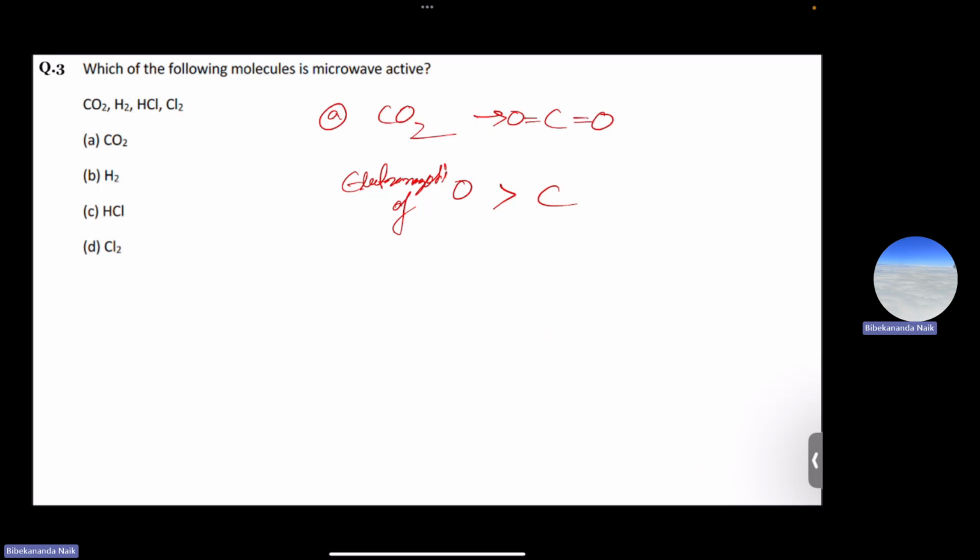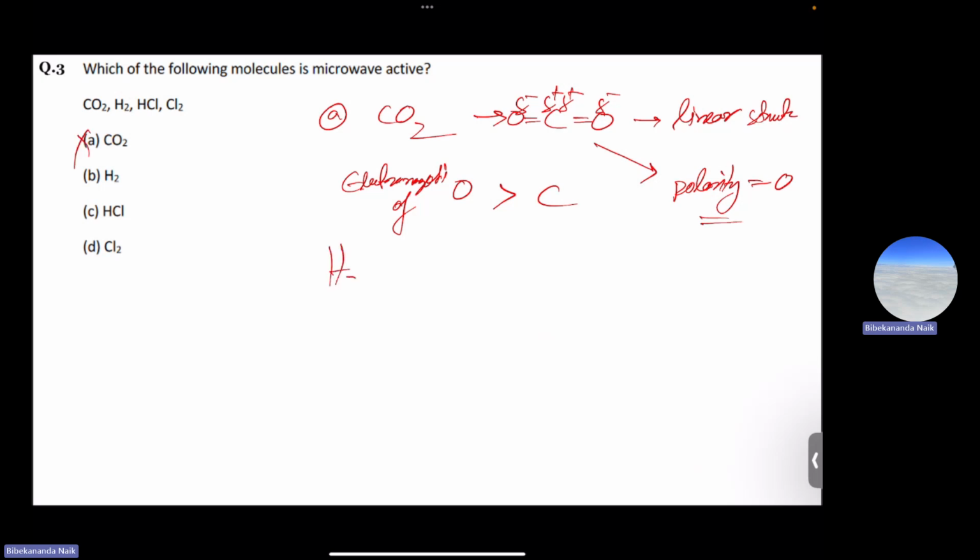However, due to the linear structure, suppose there will be delta minus, delta plus, then again here delta minus, delta plus. Due to the linear structure, the effect gets cancelled out and there is a net zero polarity, or the molecule's polarity is overall zero. Linear structure results in polarity equal to zero. So this is not correct.